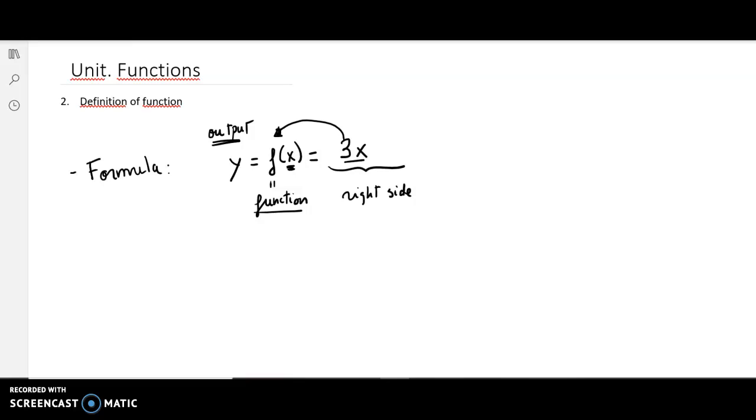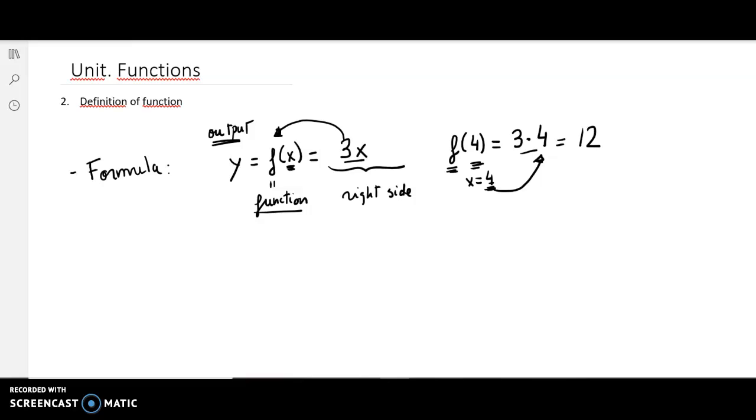So for example, if in the x I'm going to put the number 4, I will have 3 times 4. Okay, remember that the f only means function. And what I write here, the 4 in this case, x equals 4, is the number that I'm going to put in the formula. This operation is going to produce a number, 12.